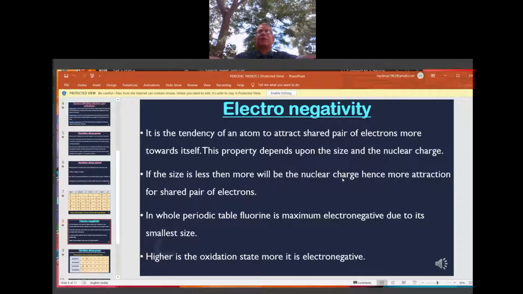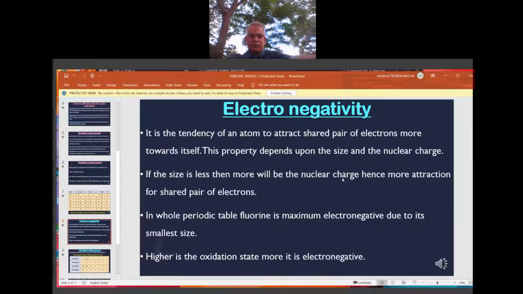For example, in the case of HCl, there is a bond between H and Cl. So first the bond has to form. After forming the bond, there are two electrons between H and Cl, because H gives its electron and chlorine gives its electron, and in between they share. After sharing, a covalent bond is formed.